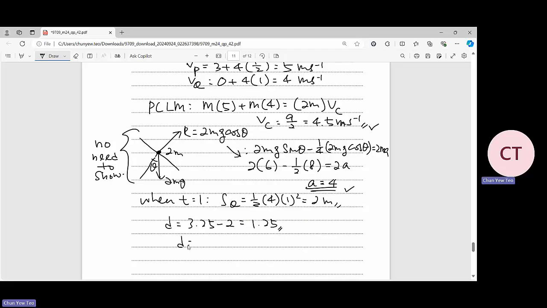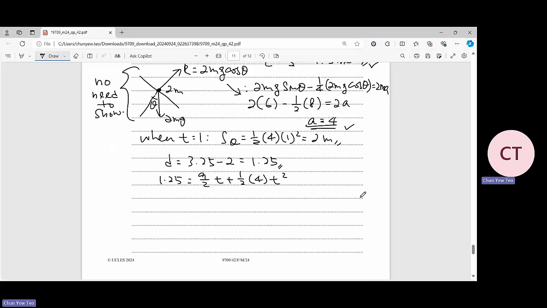So the distance is equal to 9/2 t plus half of the combined particle's acceleration times t squared. We're using this formula, but this time the distance I make it become 1.25. So just need to simplify it.